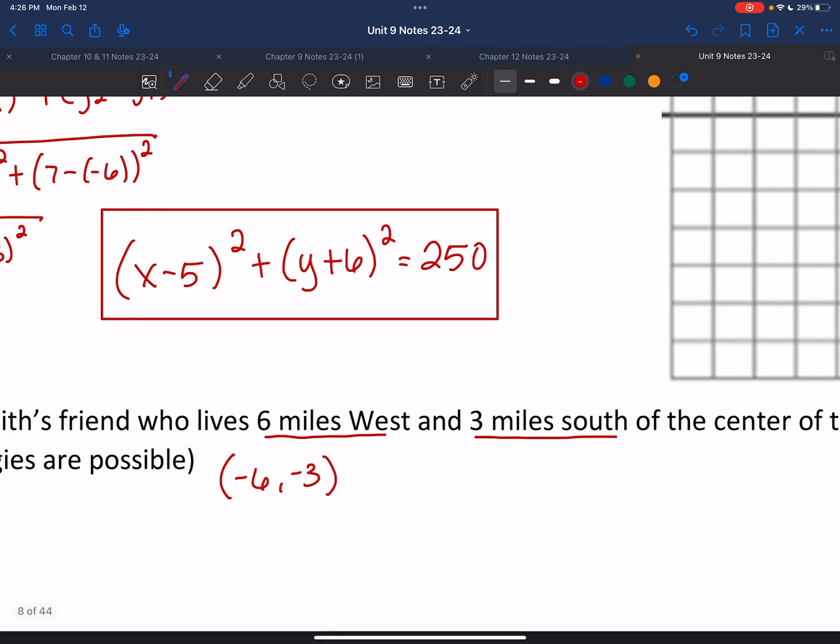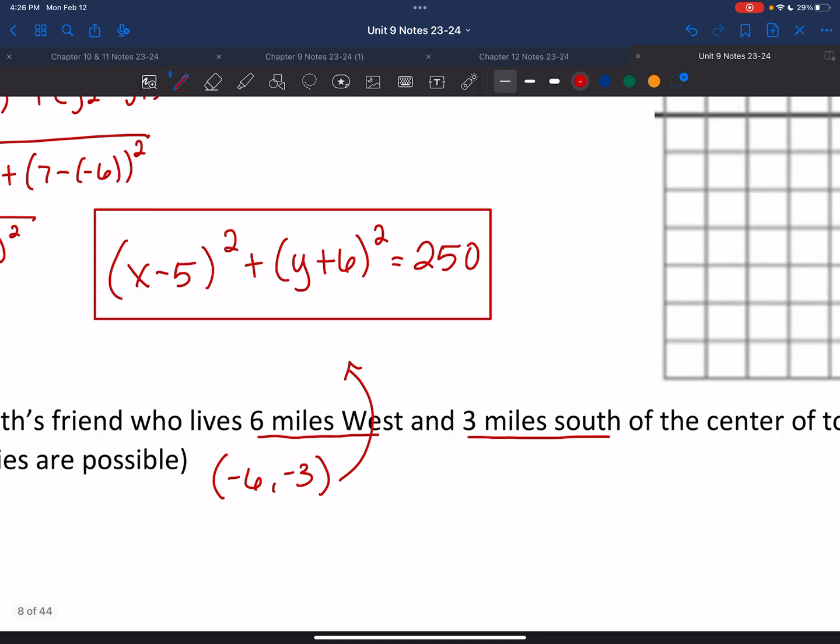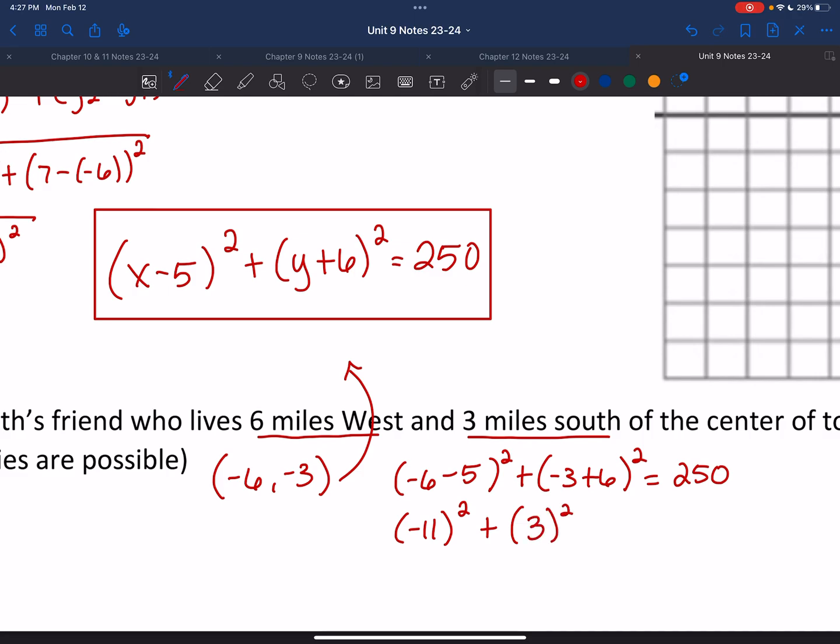So if I plug these into my equation, let's see what we get. I have (-6 minus 5) squared plus (-3 plus 6) squared equals 250. I'm just going to simplify this. -6 minus 5 gives me -11, still squared, plus -3 plus 6 gives me 3 squared. -11 squared is 121. 3 squared is 9.